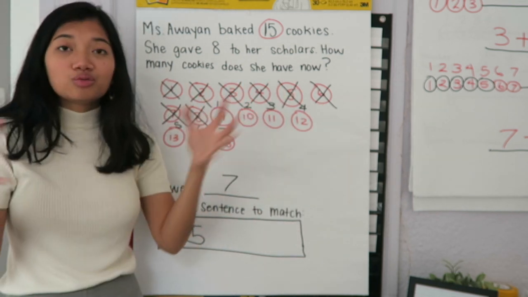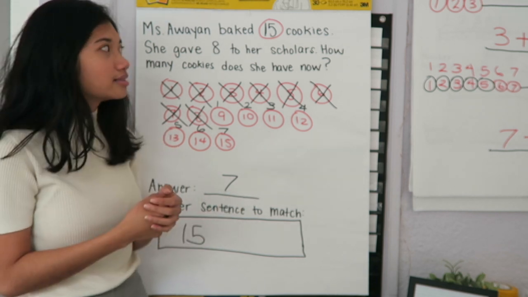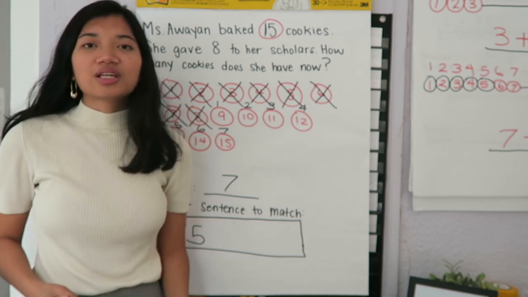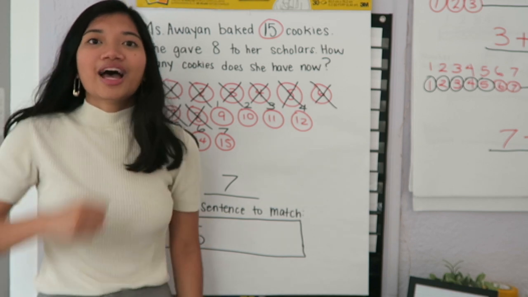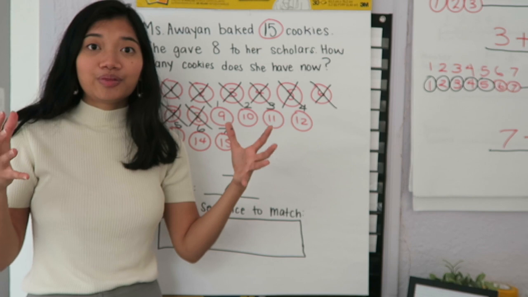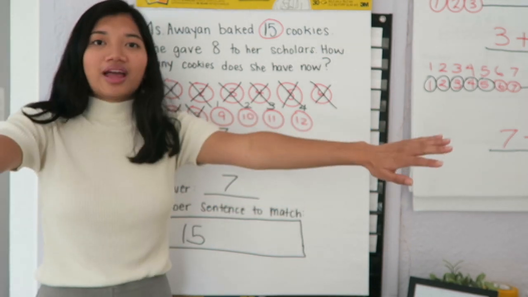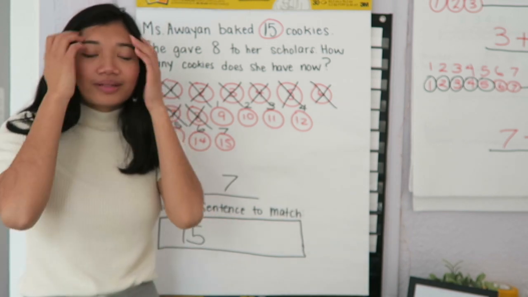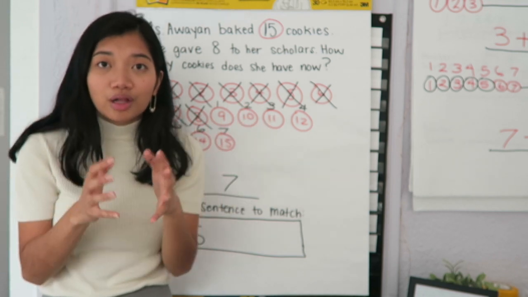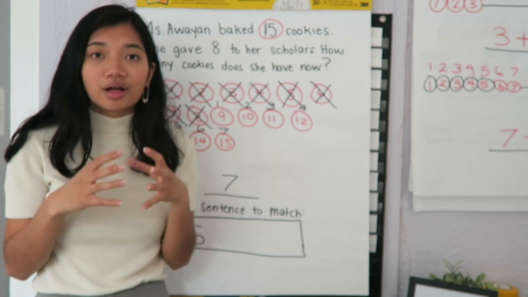Did I do that? No, so here I am subtracting. Can you say the word subtract with me? Subtract. Subtracting means that I have a number and I'm giving some away. Everyone give some away. That means I'm crossing things off and I'm going to get a smaller number.